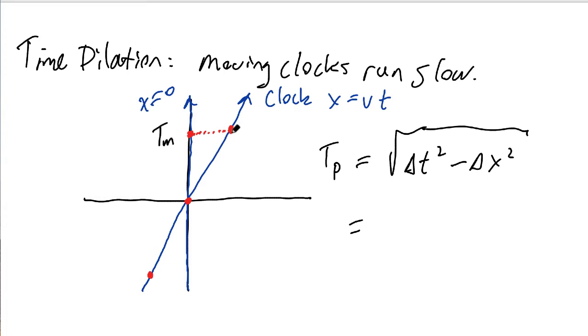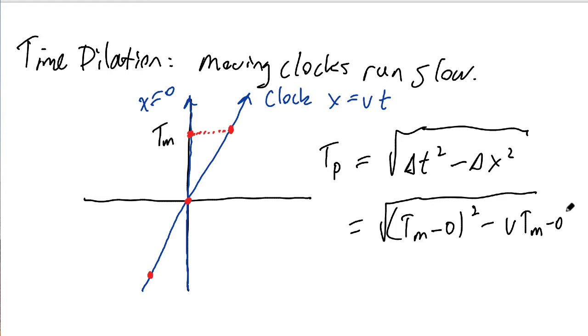All right, now the t coordinate of this event is t sub m, and the t coordinate of this event is 0. Minus, the x coordinate of this event is just v times t sub m, and of course the x coordinate of the origin is 0.